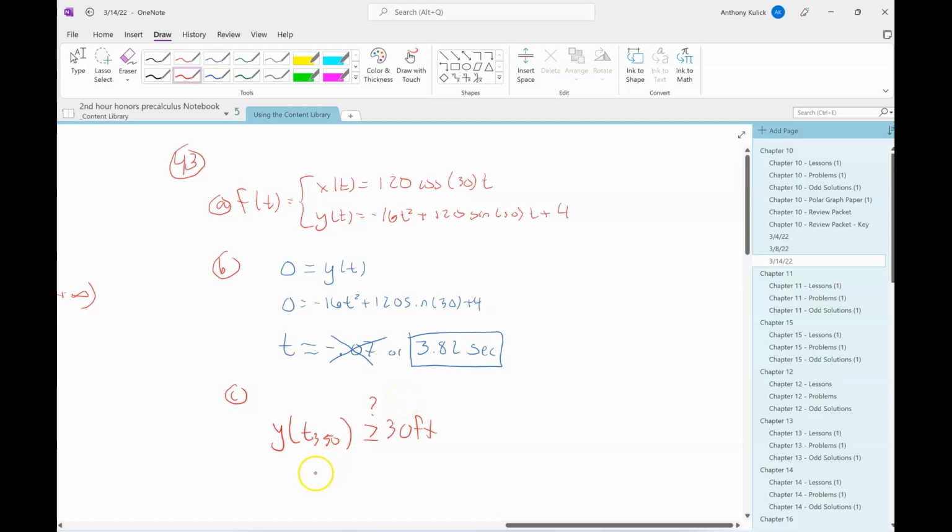To get t350, we're just going to plug that into x.